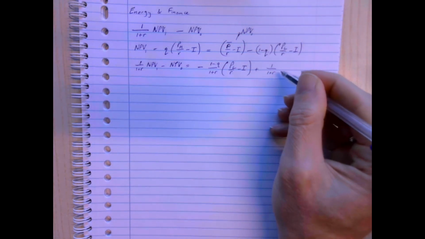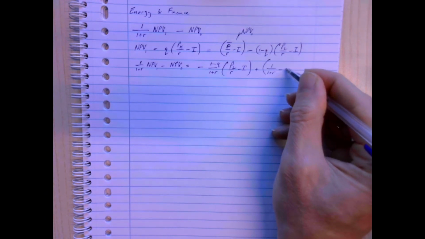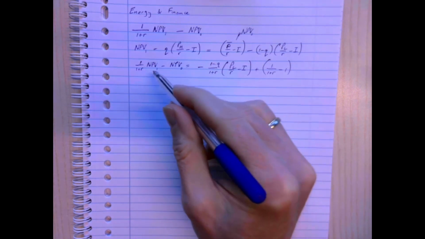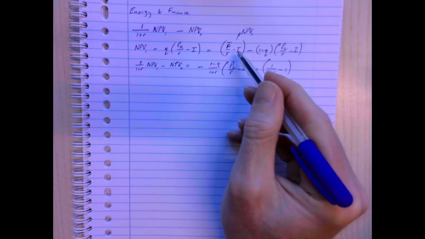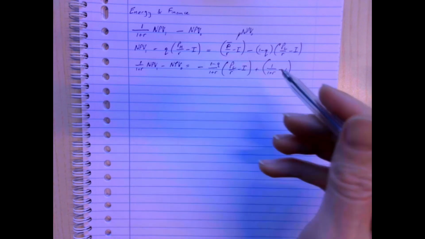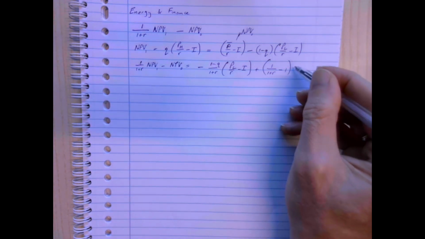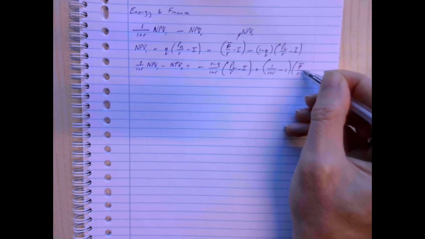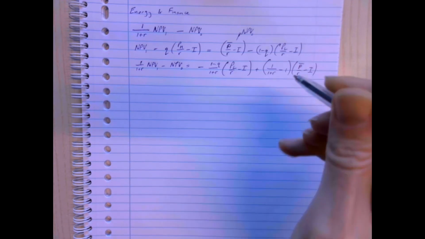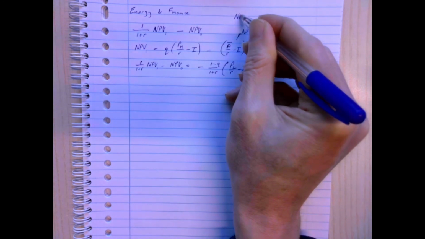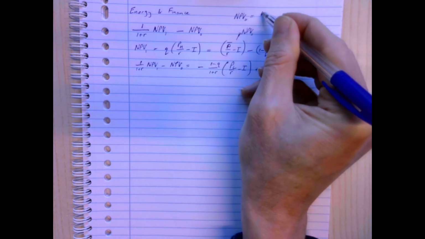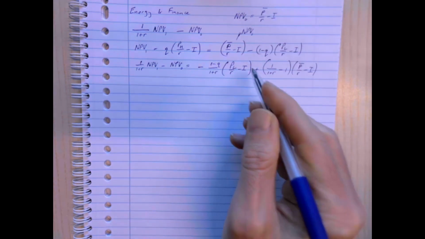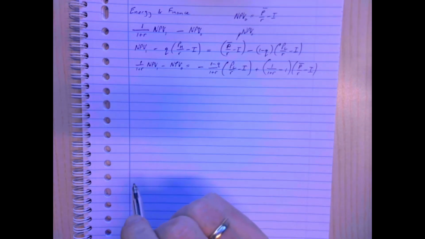We can grab those terms together and write it as this discounted part, 1 over 1 plus R times NPV1 times this expression, minus 1 times the NPV of 0, which is again this P bar over R minus I. So I've taken together these two terms.